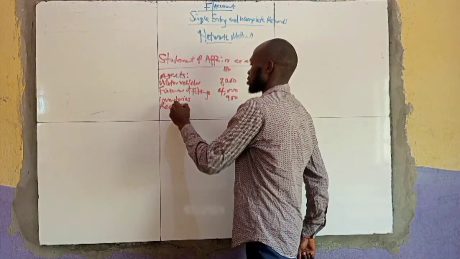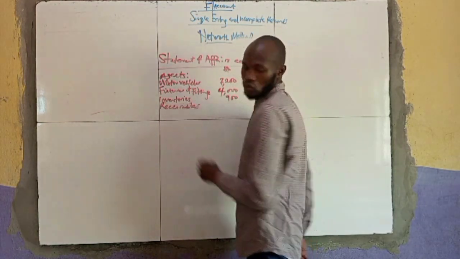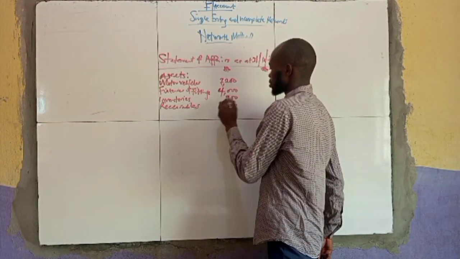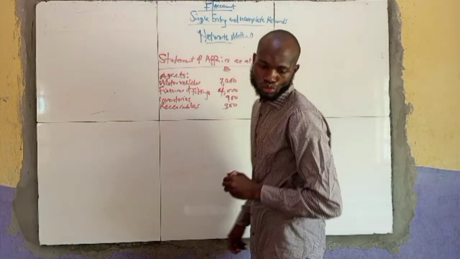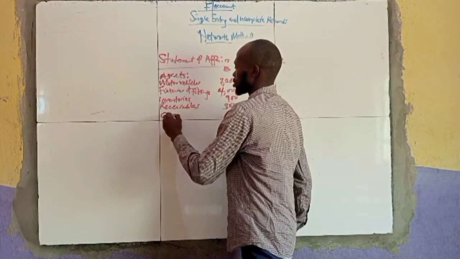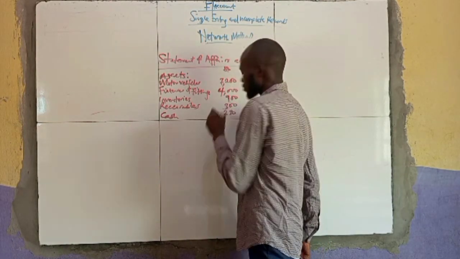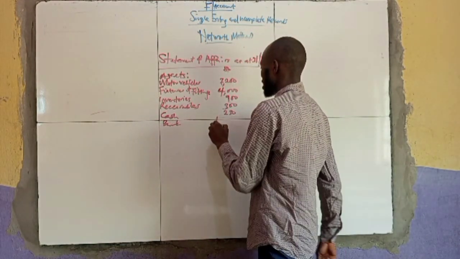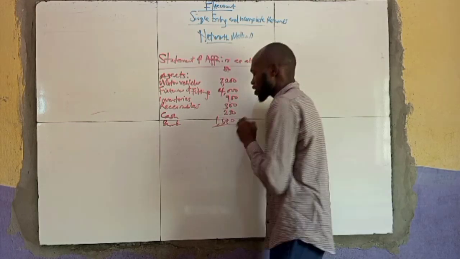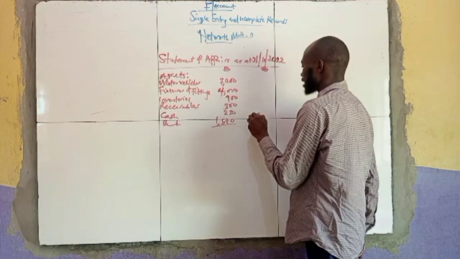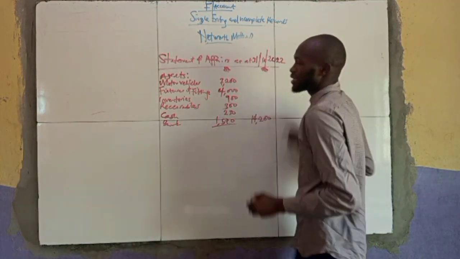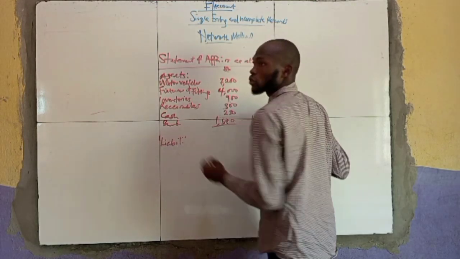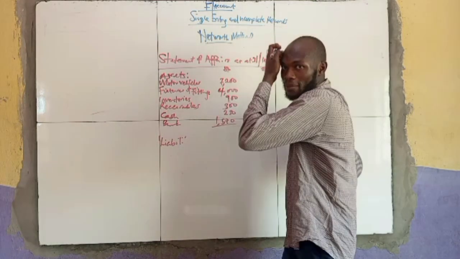Receivables, 300. Cash, 230 naira. Bank is 1,570. Addition of everything is going to give us 14,200.